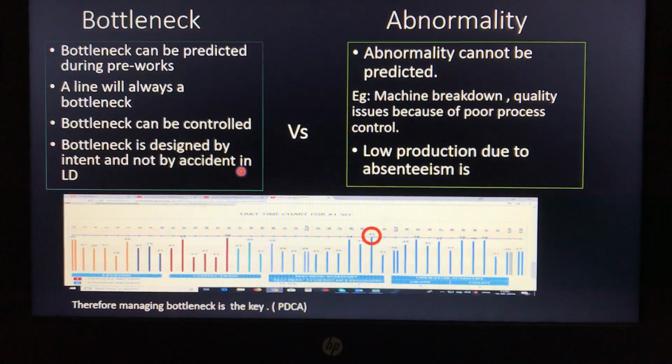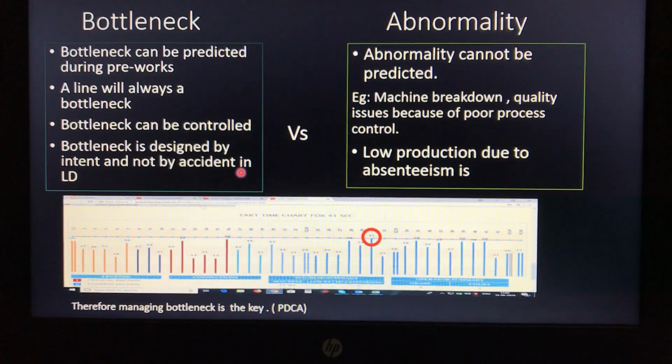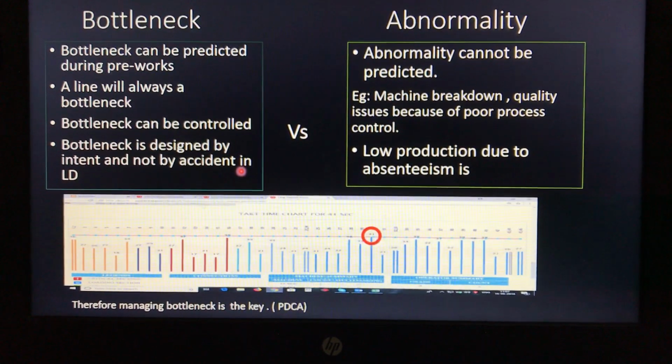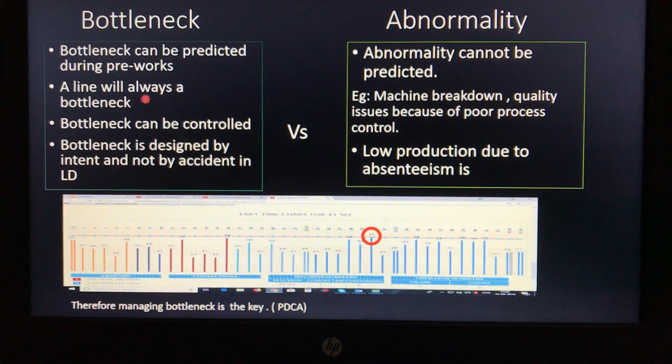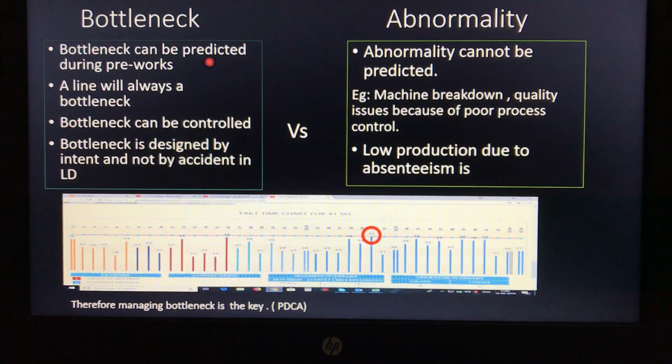Bottleneck versus abnormality. While dealing with line design, or while dealing with design deficiency, it is very important to understand the difference between bottleneck and abnormality. Bottleneck can be predicted during pre-work, isn't it?